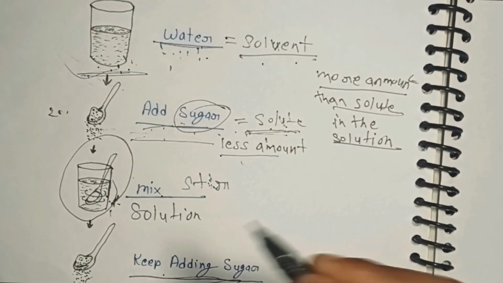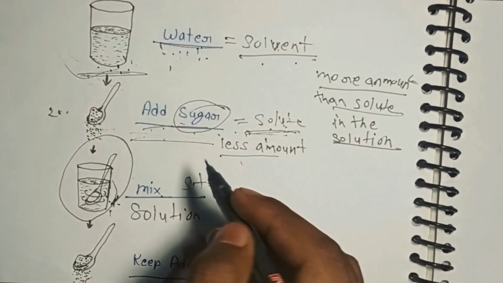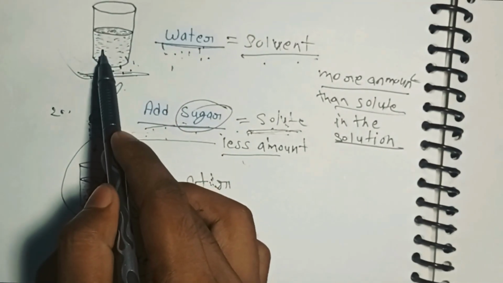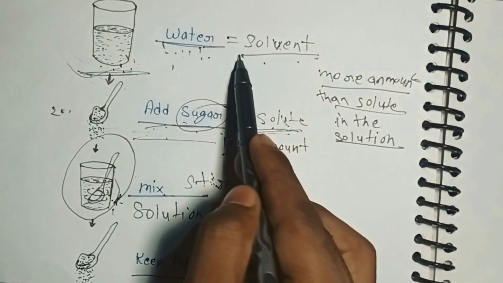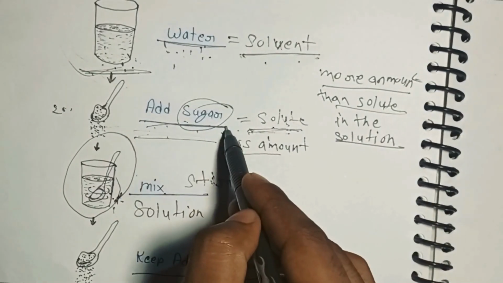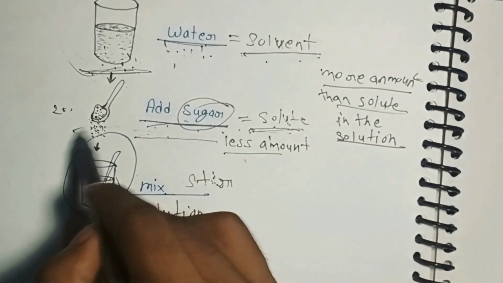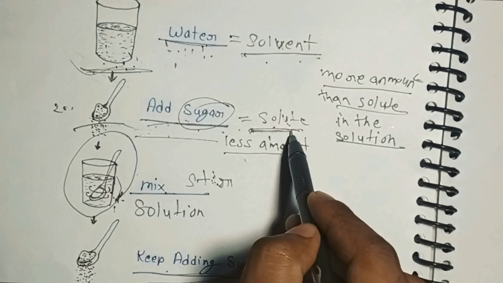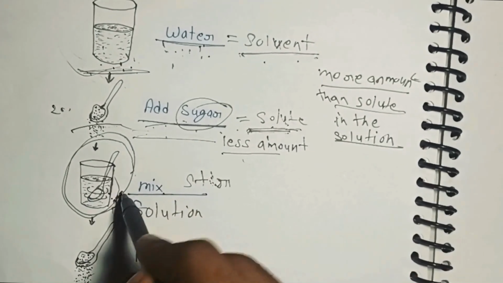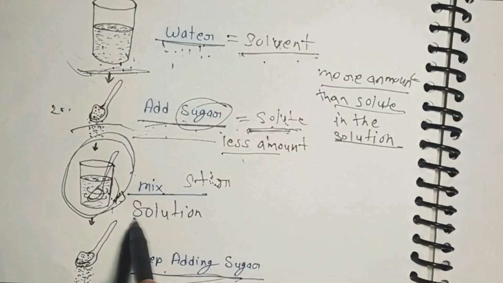Okay, remember this point. The substance that dissolves is called solvent, and the substance that gets dissolved is called solute, and the resulting homogeneous mixture is called a solution.